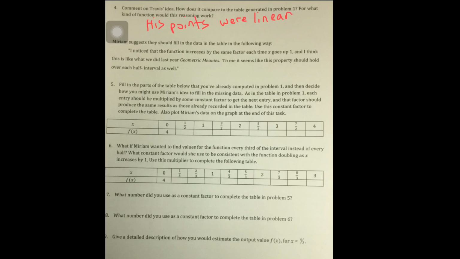Okay, and that's why it doesn't work, because we're working with an exponential, and he was trying to find linear points, exact points on the graph. Just by doing the average like we did, that was finding linear points.